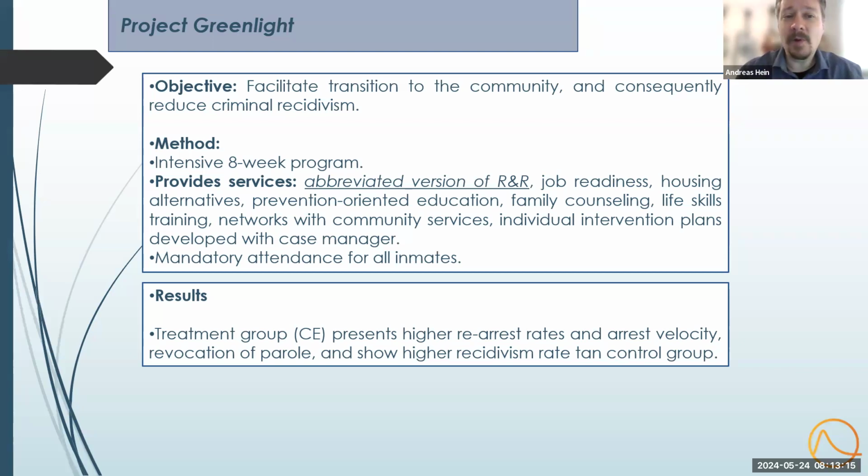And you may say, well, why could this have happened? We are applying things that we know in the literature should be working, right? We have R&R and other programs we know should be working. They should have helped them to do better when they leave the incarcerated setting.